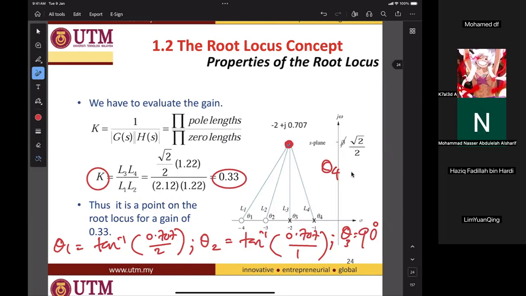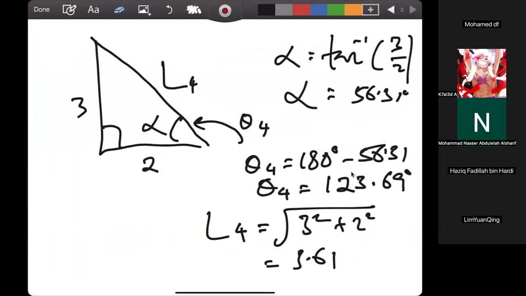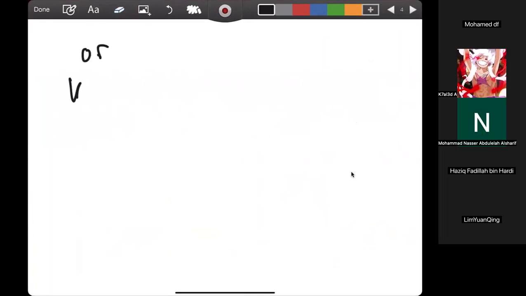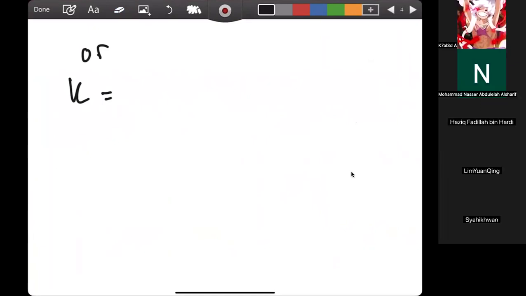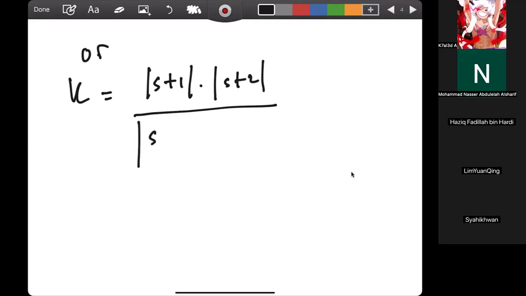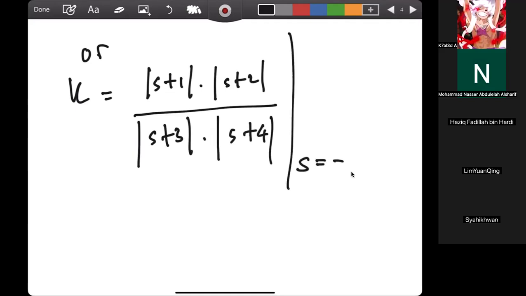Or you can calculate K as the magnitude of S plus 1, S plus 2, S plus 3, S plus 4, then replace S with minus 2 plus J 0.707 in this magnitude formula.